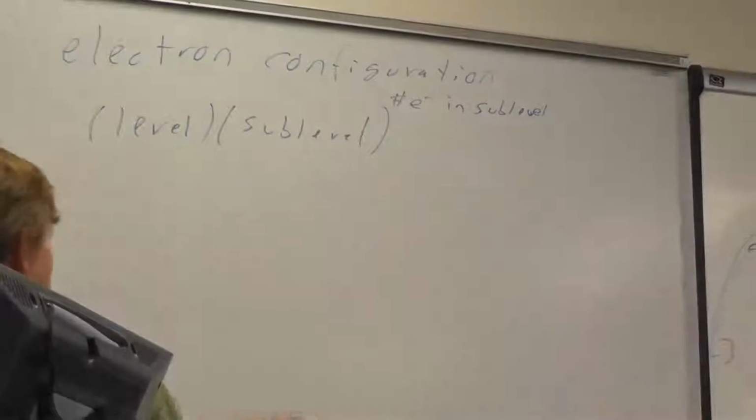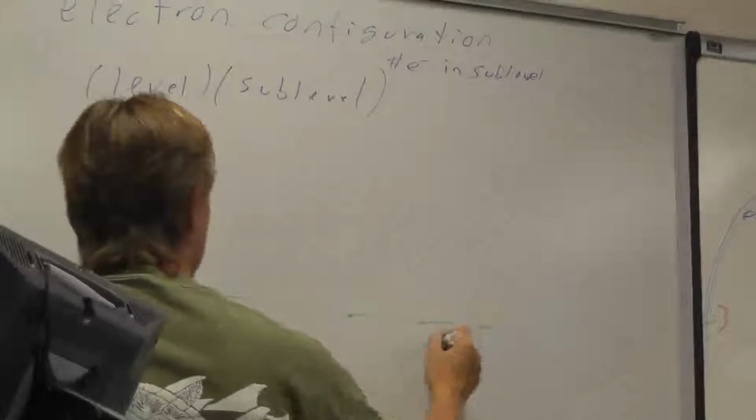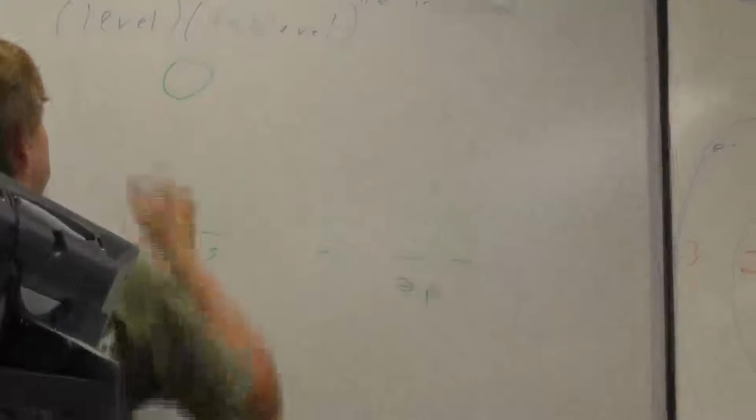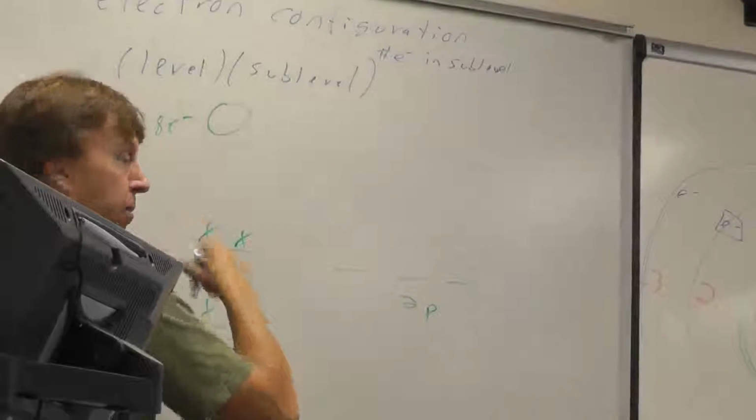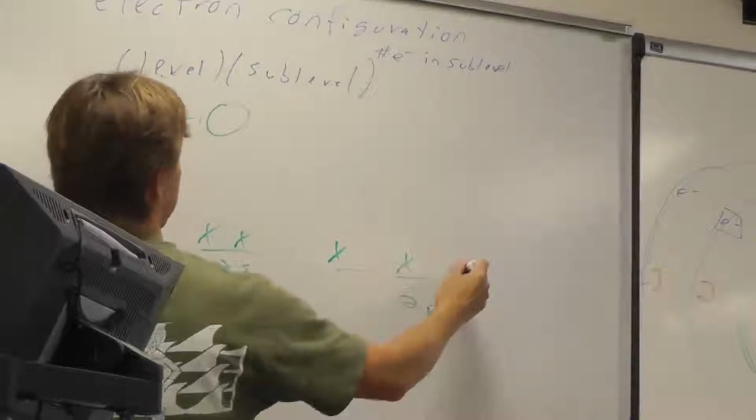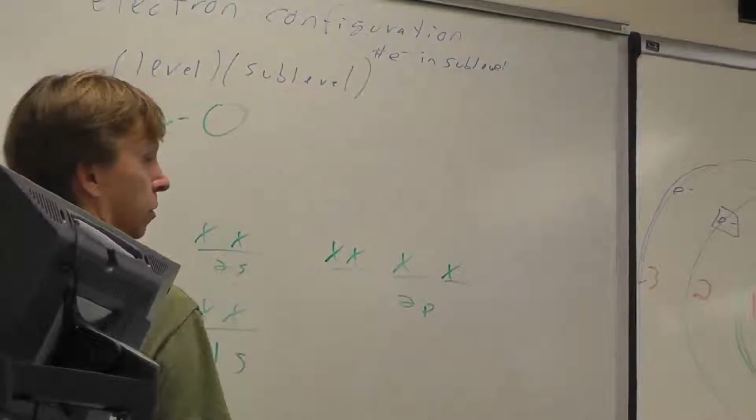But filling out the diagram, if this is the 1s, this is the 2s, this is the 2p, and let's just do oxygen over there. 8 electrons to be placed. Here's the first, here's the second, here's the third, here's the fourth. We're working our way up. 5th, 6th, 7th, 8th.